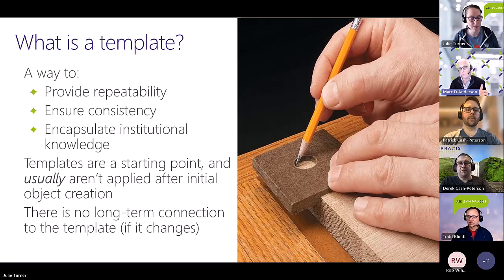So they can actually help you support the evolution of a process. And then the other point that's important to make is that there's no connection back to the template. So if you change the original template, it doesn't mean that everything that was created from it changes. It means that anything new would then change. If you need to retrofit things, then that's a different task.